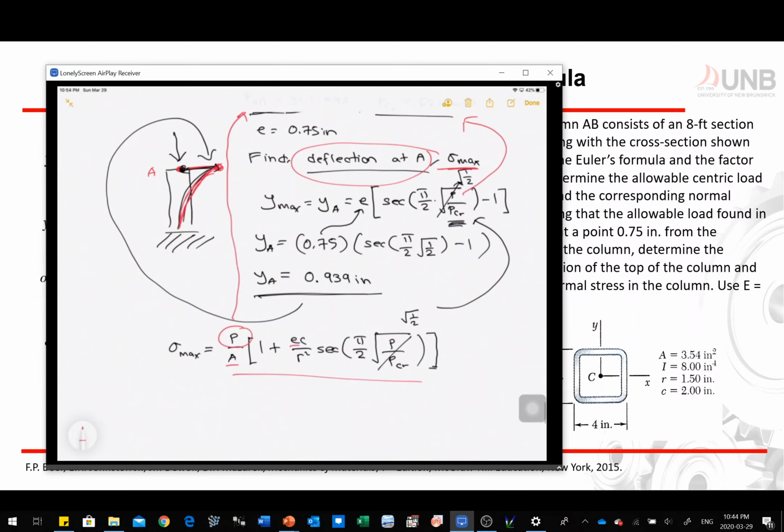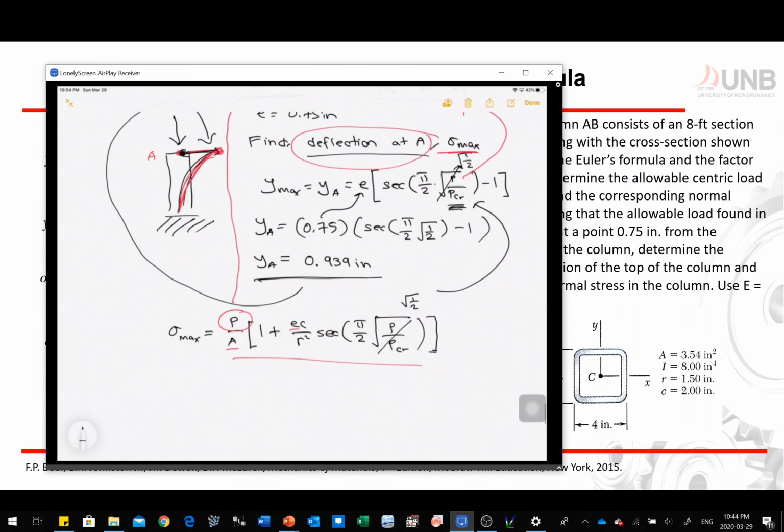We know all the numbers right here. So let's substitute those numbers into our equation. We have 31.1 kips divided by 3.54 inch square, times 1 plus 0.75 inch times 2 inches, divided by 1.5 inches square, times secant of pi over 2 square root of 1/2.